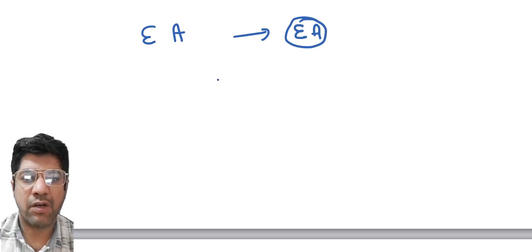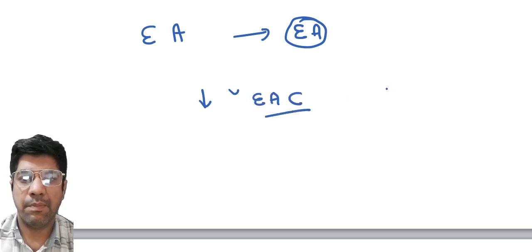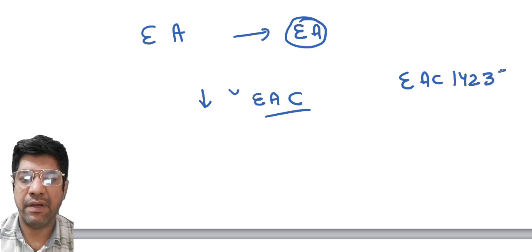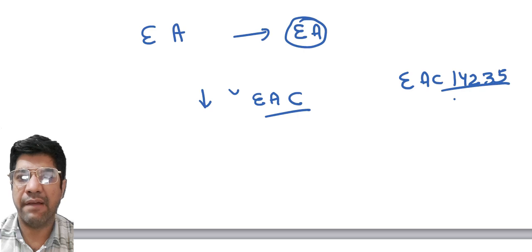So when the specific complement components attach to this complex, the result is the EAC, erythrocyte antibody complement complex. The number indicates which components are involved, like EAC14235 would suggest that the components 1, 4, 2, 3 and 5 have reacted with the complex.